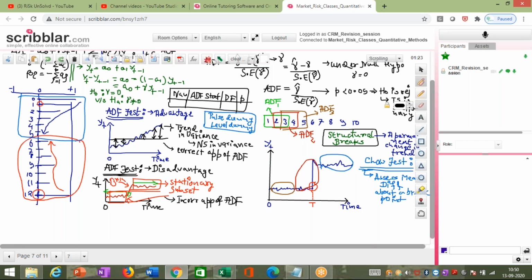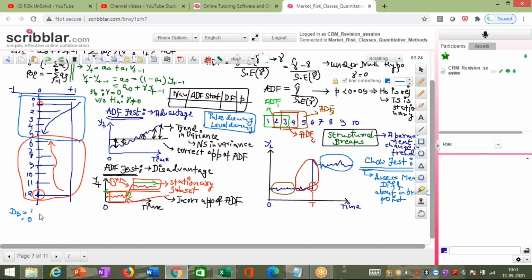First of all, what is the pulse dummy? Let me denote the pulse dummy with DP. It will take two values, 1 and 0. When is it 1?